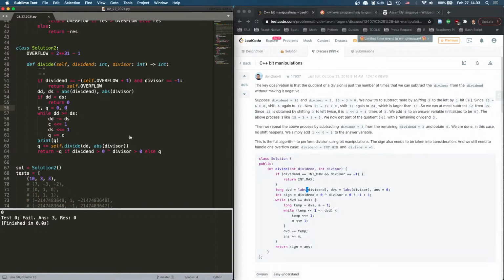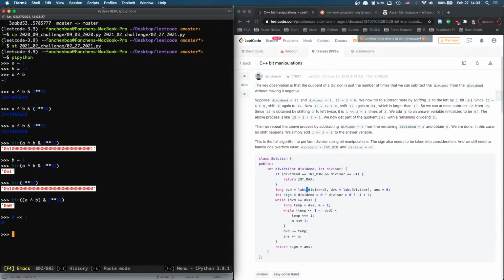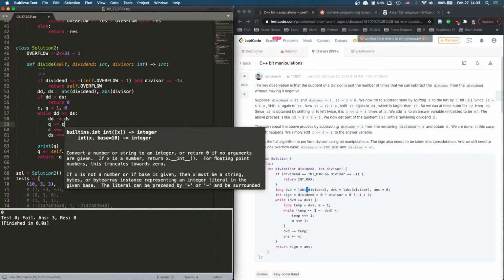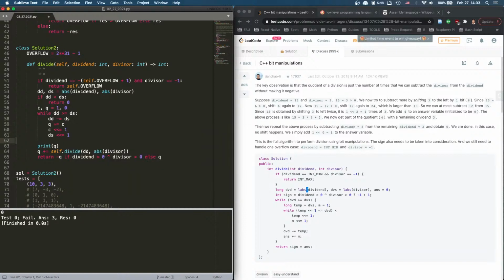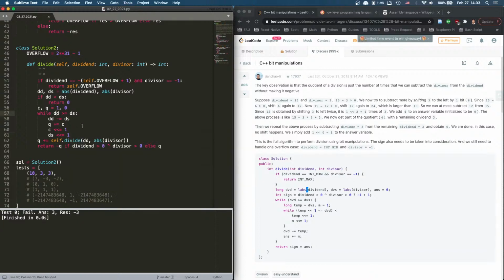Oh, I have fallen, 0 shift 1 is still 0. Oh my god, so C cannot be. Oh, I know, C has to be 1, but we increment before and then do this. Now it becomes minus 3.